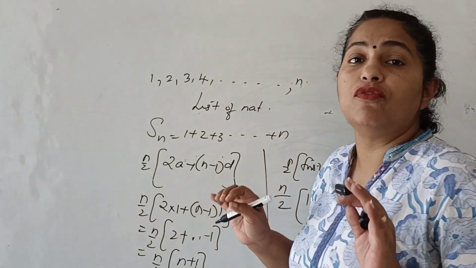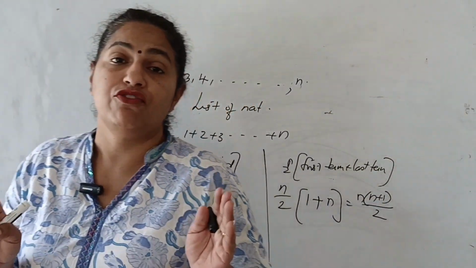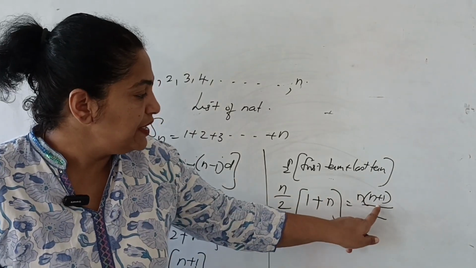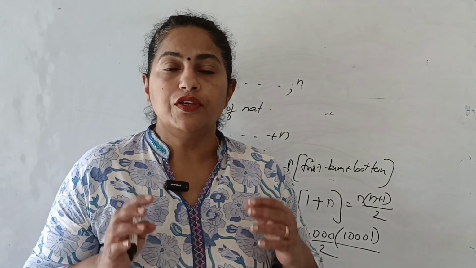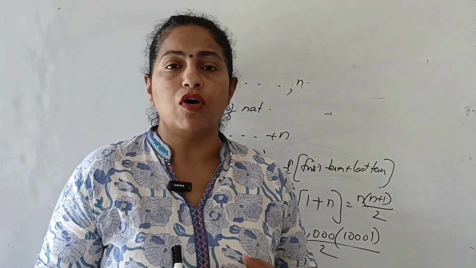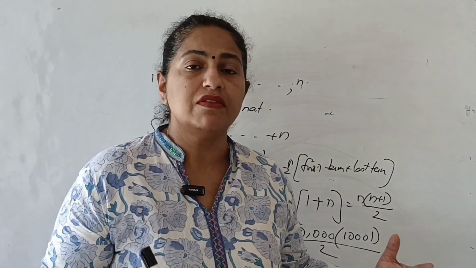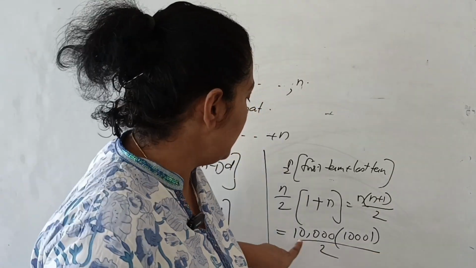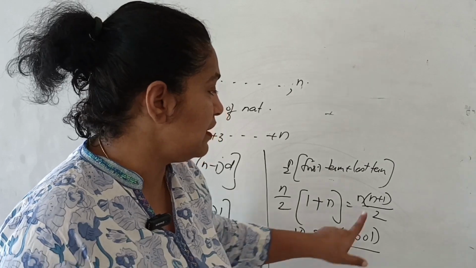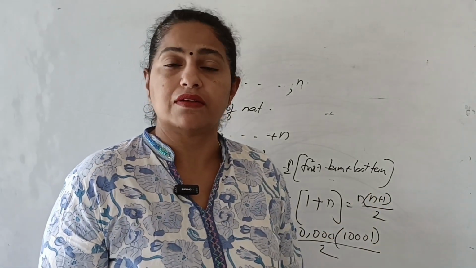So the sum of the first n natural numbers is equal to n into n plus 1 by 2. So you can use this formula to find out the sum of any number of natural numbers. Suppose somebody is asking you to find the sum of the first 10,000 natural numbers. You can use this formula like this in order to find the final answer.